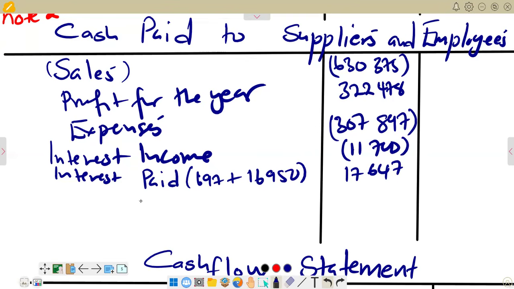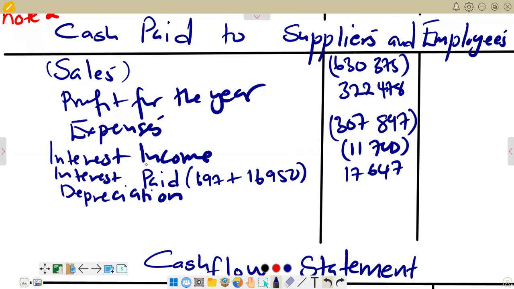We also check for depreciation. Remember, depreciation is a non-cash item. That's why we are adjusting it. And for the case of interest income and interest paid, we are adjusting them as a procedural step. Since we are going to readjust them again in the cash flow statement, we just remove them here when we are calculating cash paid to suppliers and employees.